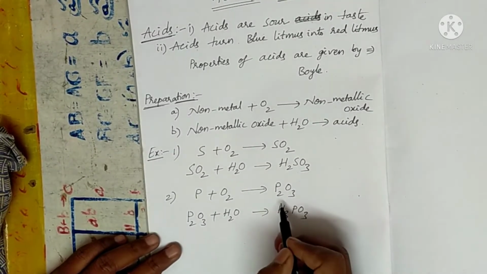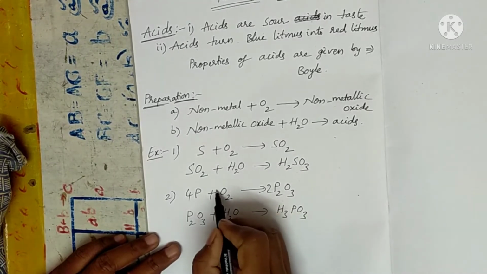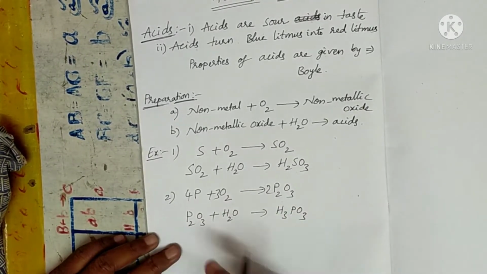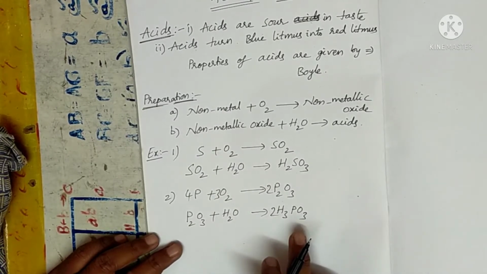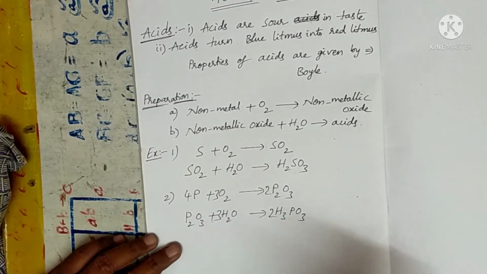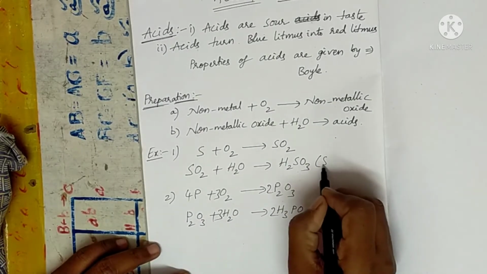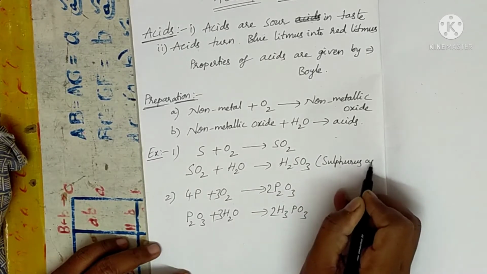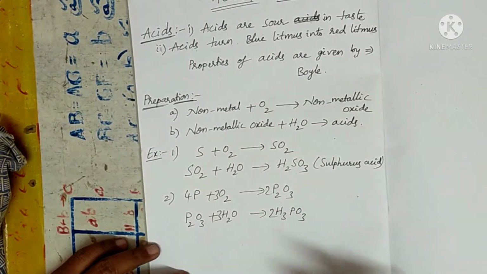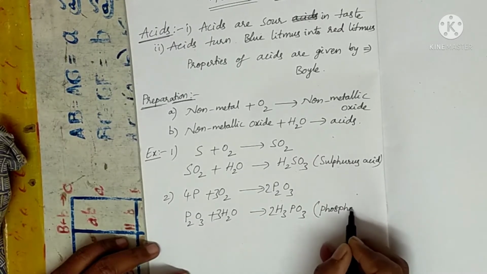Here we have to keep 2, 4 and 3, so this is the balanced equation. This is called sulfurous acid, not sulfuric, sulfurous acid. And this is phosphorous acid.